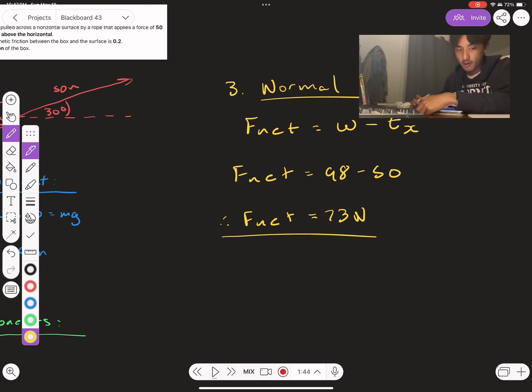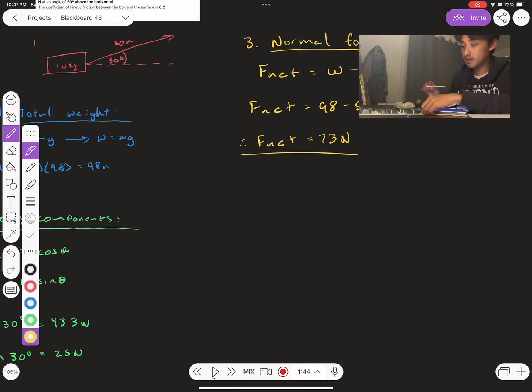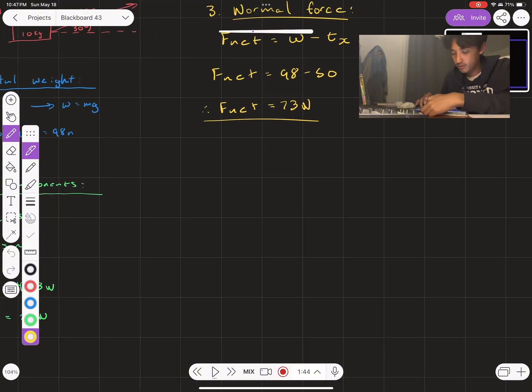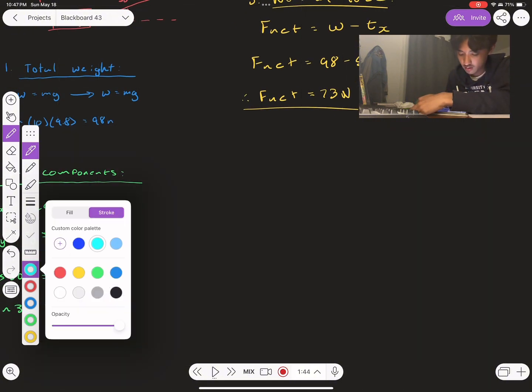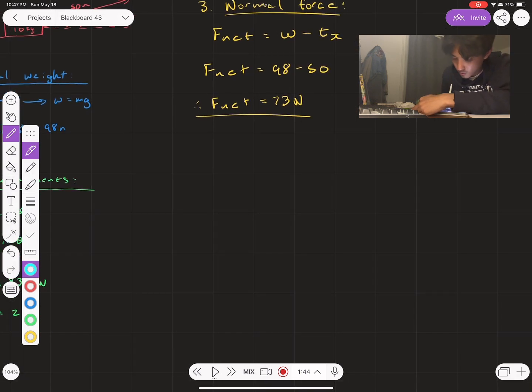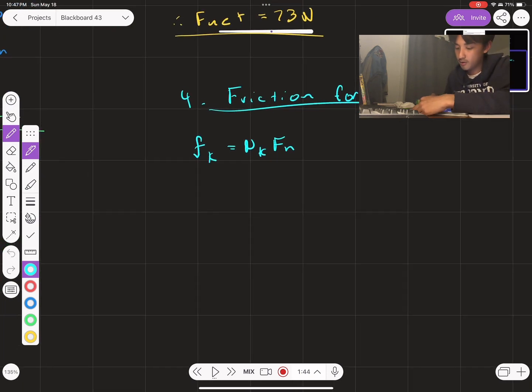Now that we have our normal force, we can use it to find our friction force. I should probably use a different color for this. We'll go with teal. So the formula for friction force is Fk is equal to mu k times the normal force.